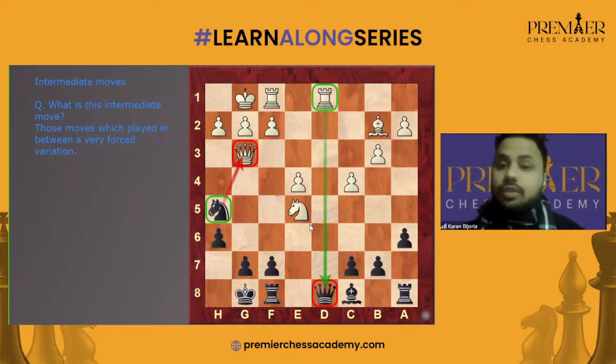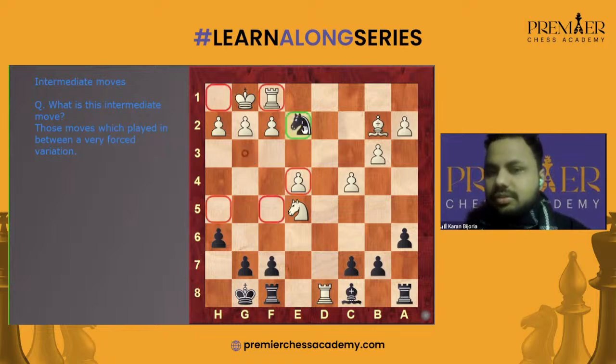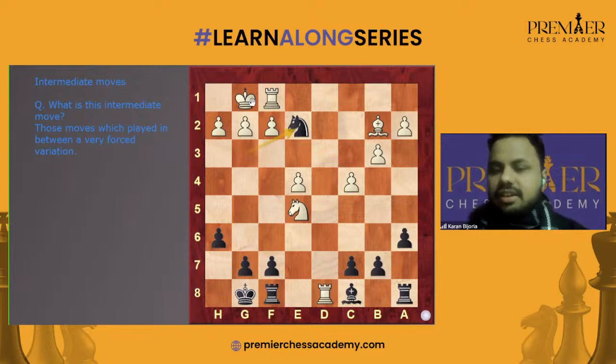So what is the concrete position? Knight check, knight capture, rook capture. Now, rather than going for capturing, what will we do? Intermediate move. Knight to e2 check. It's giving a check. Now the king has to move, and now we will just capture the rook.